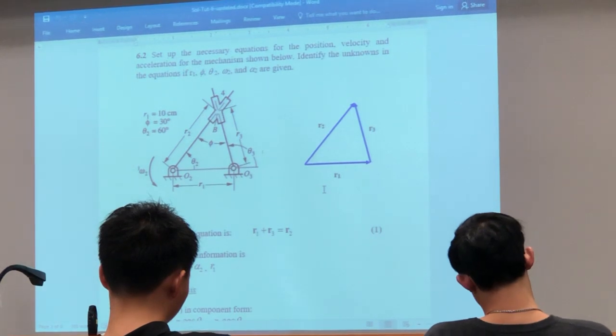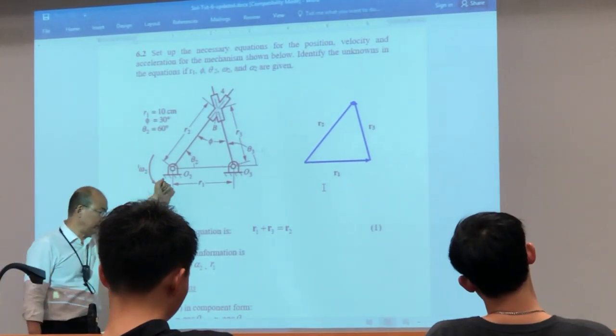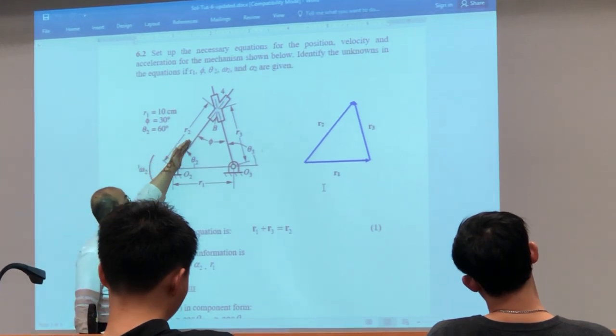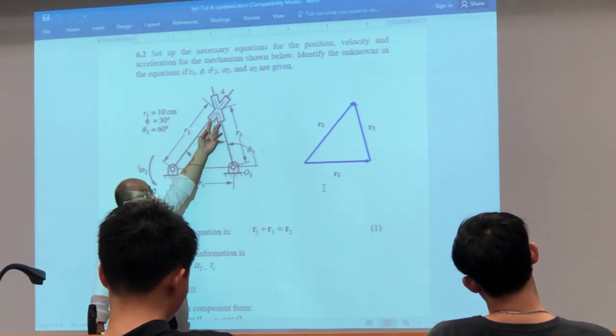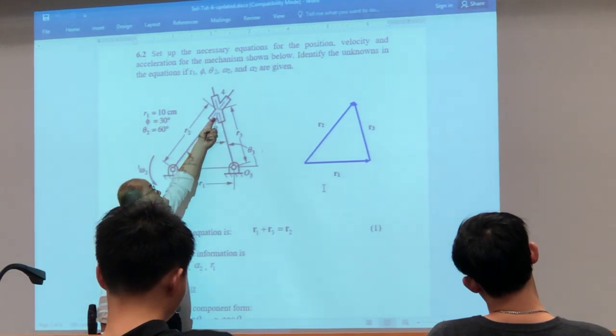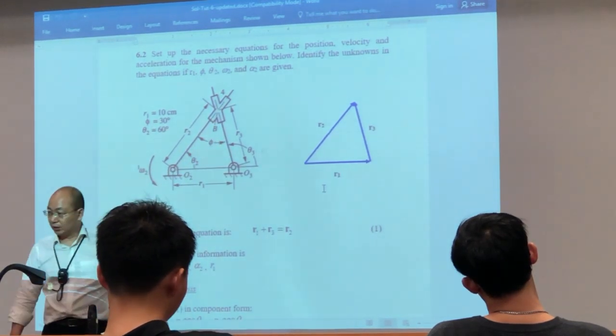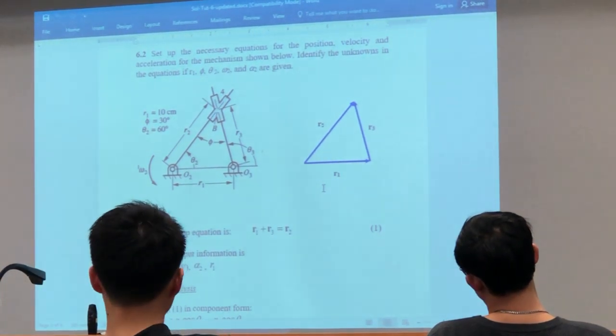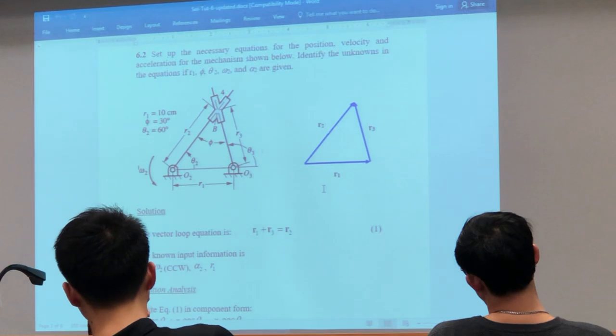Now if we look at another example, this is link 2, link 3, and we have what we call a double slider. You can say there's one tube here, one tube here, but this slider is like a butterfly. This angle is fixed.